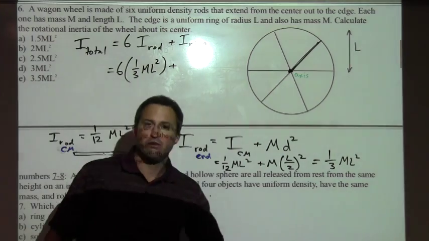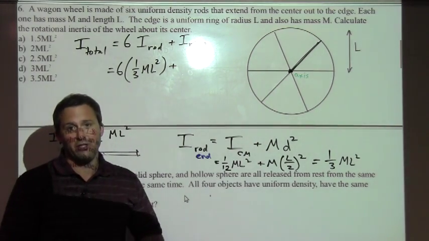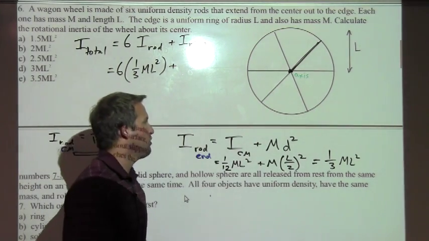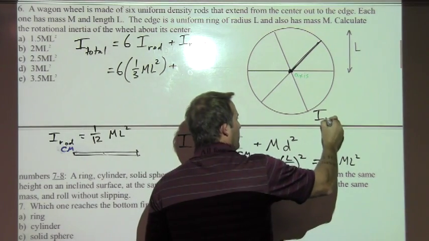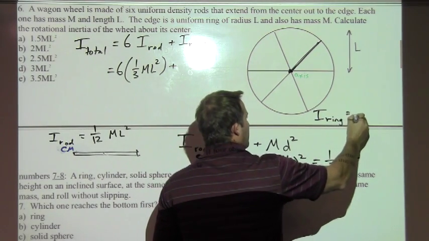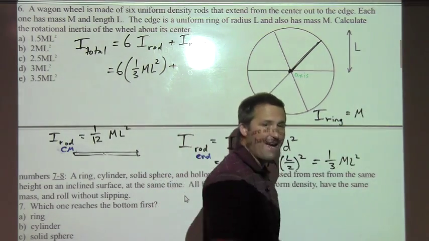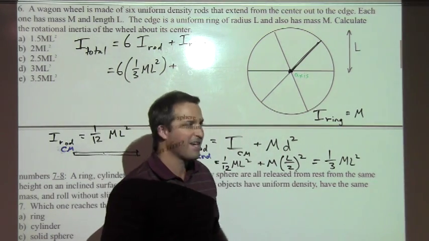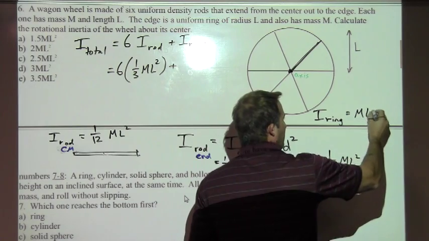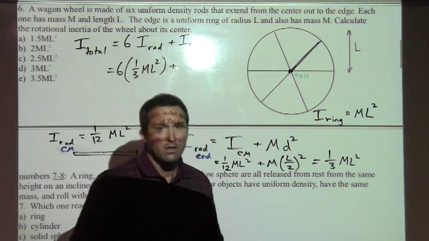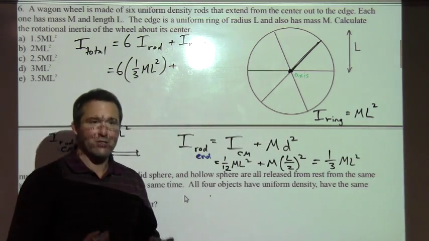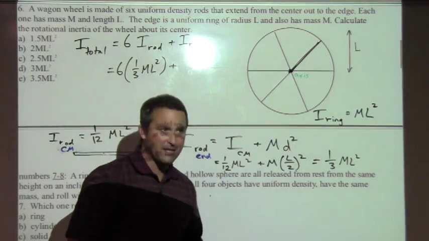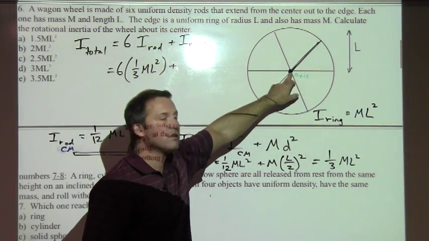And now we can move on to our ring, which is actually a little easier, because when we look up the rotational inertia on our formula sheet for the ring, we would see mr squared, where r is the radius of the ring. And in this case, the radius is just L. And that's the rotational inertia of the ring about its center.